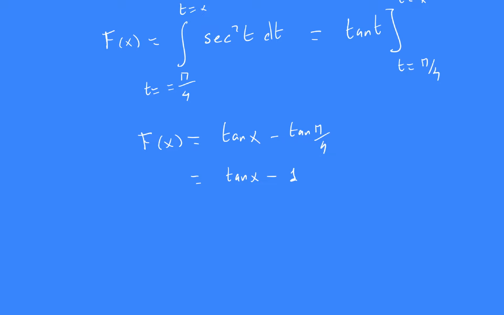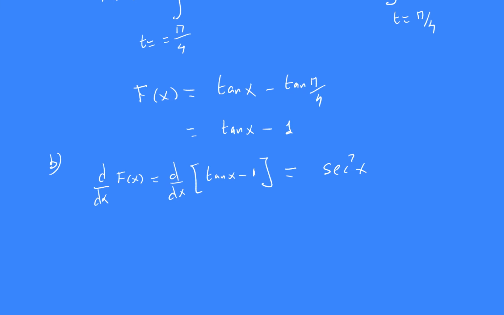So it says the derivative respect to the x of f of x, or the derivative respect to the x of tangent of x minus 1, the derivative should be equal to secant square of x. Wow. Well, we'll do the derivative and we check it.